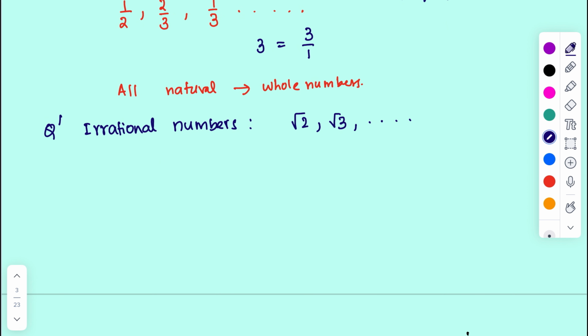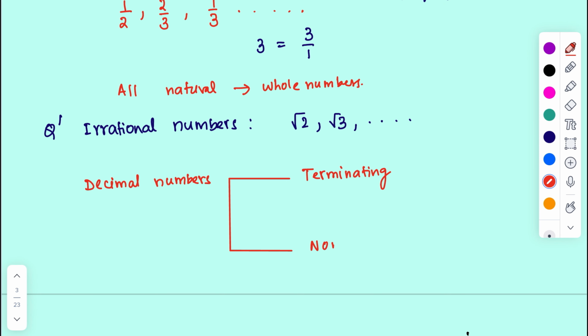For this, we have to study some previous class concepts, which is decimal numbers. Decimal numbers are of two types: terminating and non-terminating. Terminating decimal numbers have a finite number of digits after the decimal point.